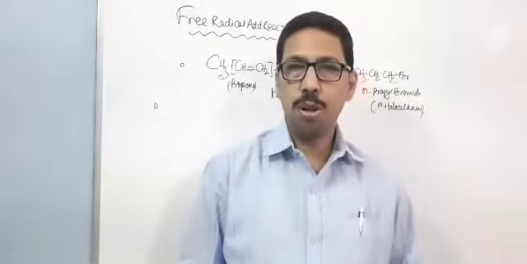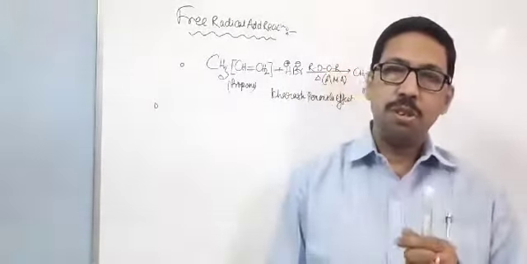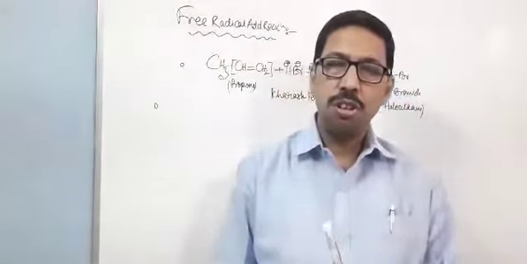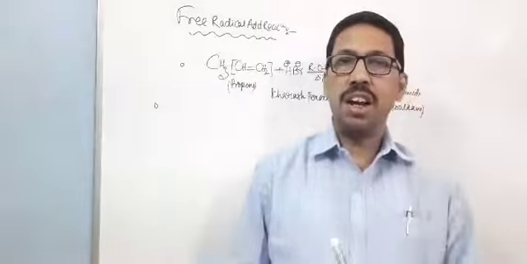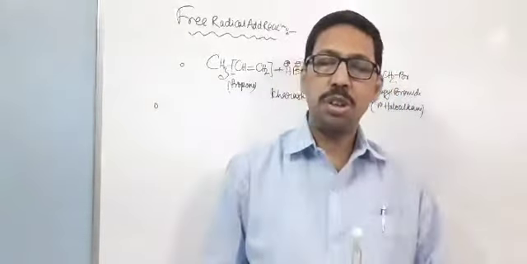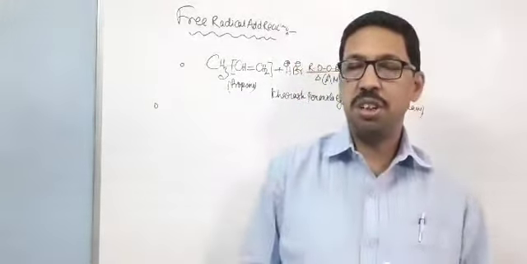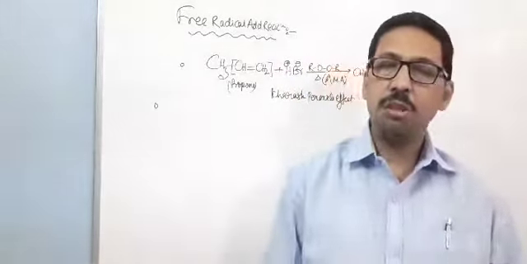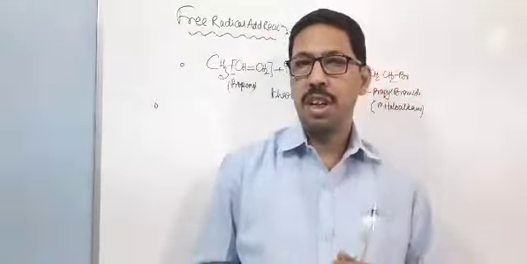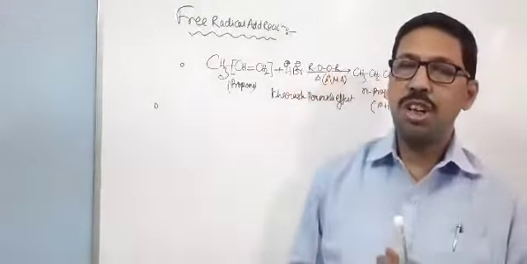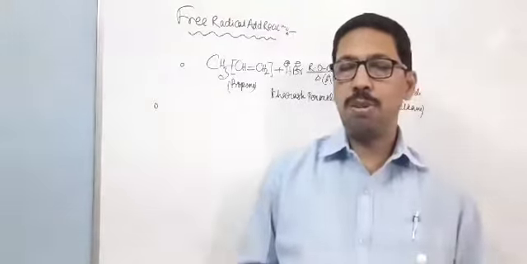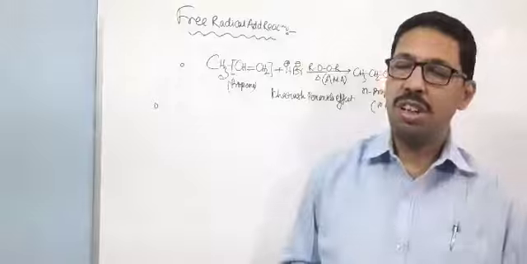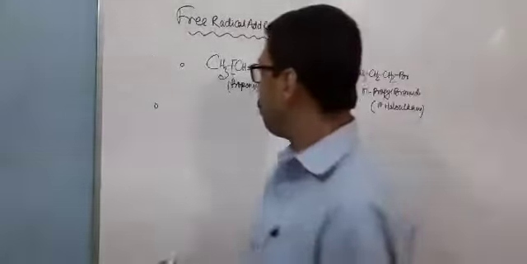You should remember that in the chain propagation step, the reactants and the free radicals interacting together result in the formation of the product as well as a byproduct. And the last step is the chain termination step, involving the combination of free radicals to stop the chain reaction. Let's see how it occurs.